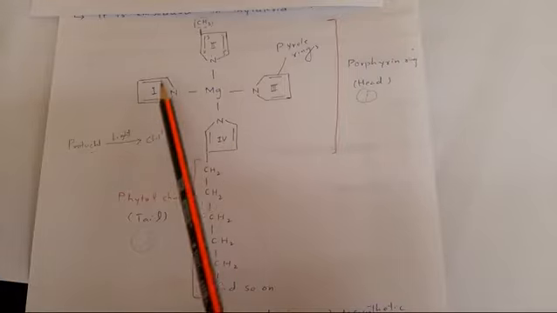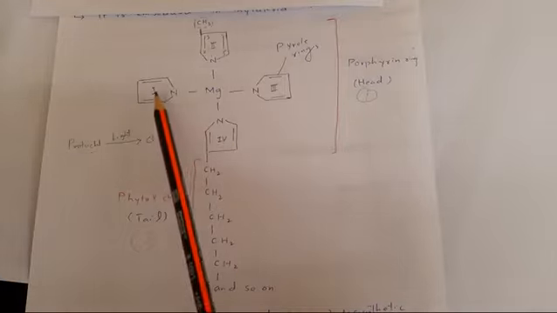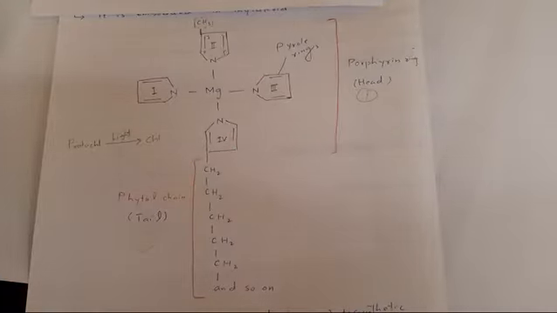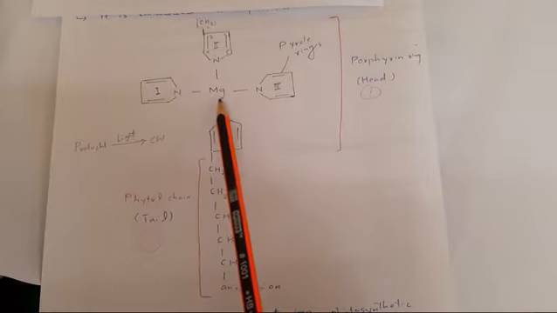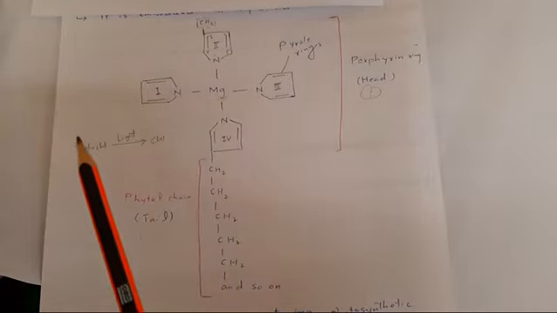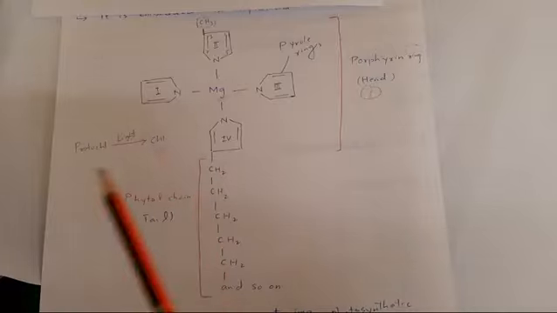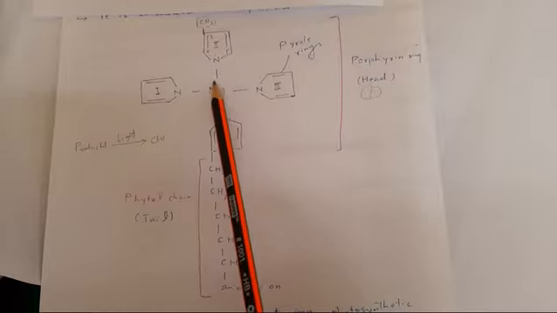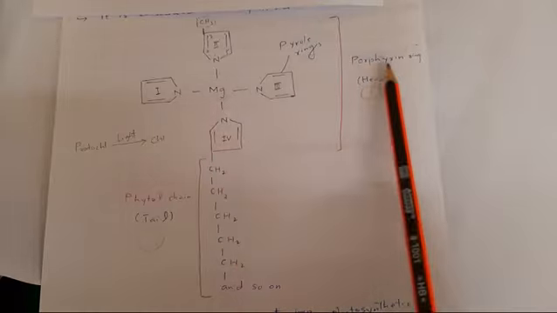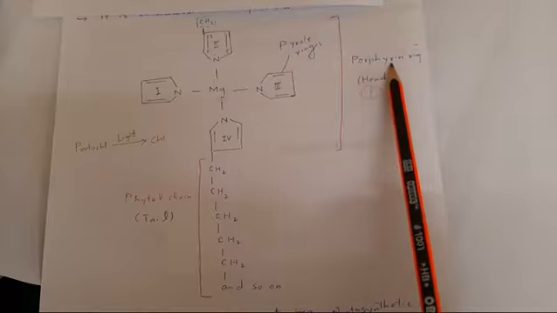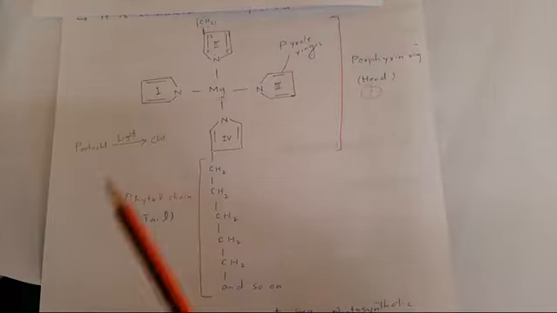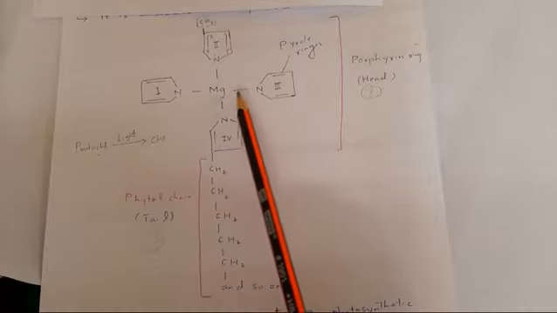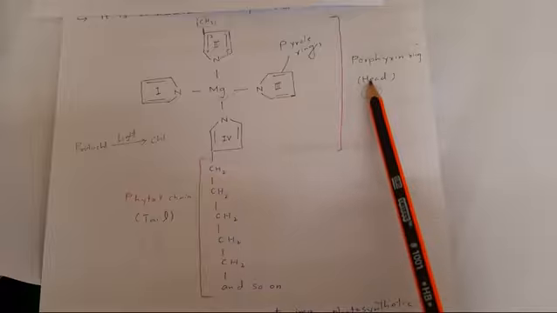These four pyrrole rings are attached to a central magnesium atom, collectively known as the porphyrin head.